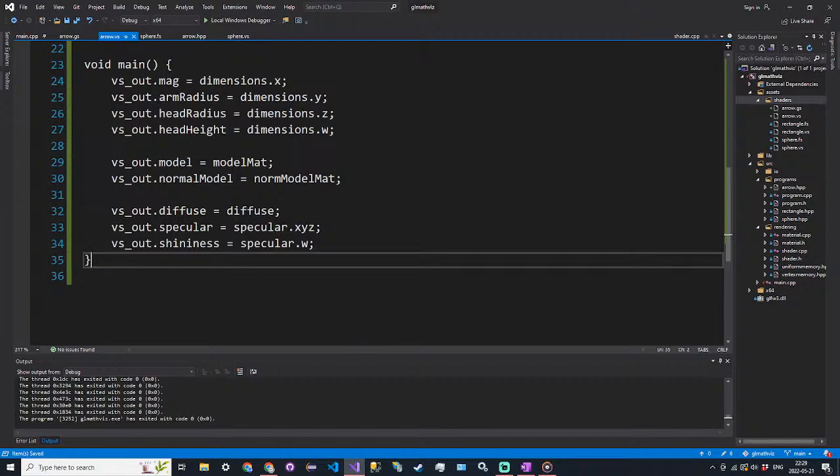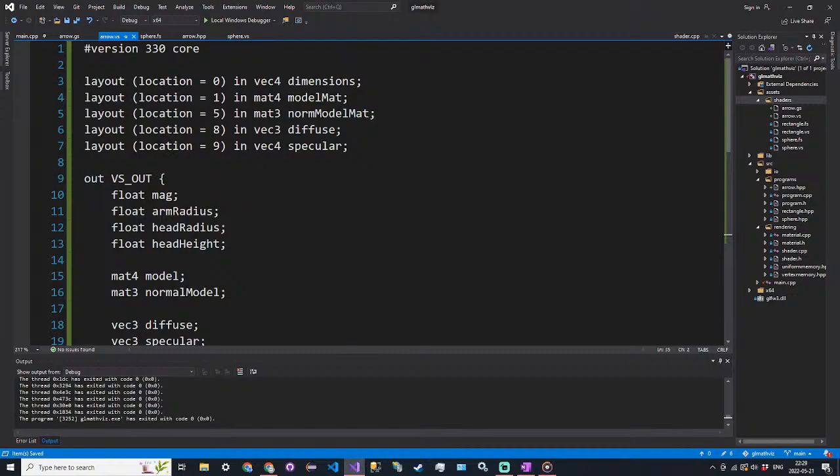So the arrow's vertex shader takes in 0, vec4 dimensions. Then a 4D matrix, which is 1, 2, 3, 4, 5, 6, 7 for a 3D matrix. 8, 9, that's all good.